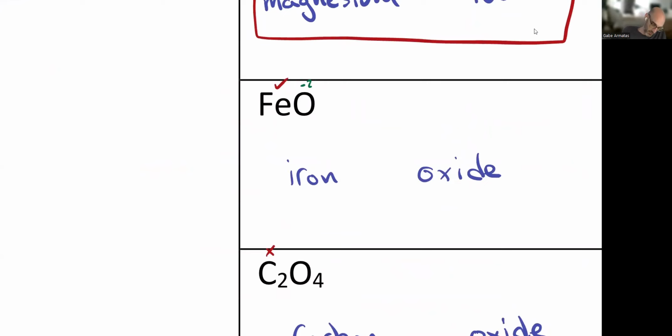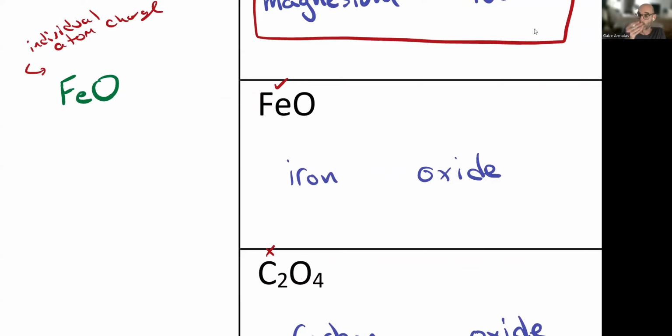In fact, I'm going to do this over here just because it's worth teaching this way. So here's my iron oxide. Above it, I am going to put the individual atom charges, and I'm going to fill out every one I know. So group 1, group 2 are always +1, +2. We know that oxygen is -2.